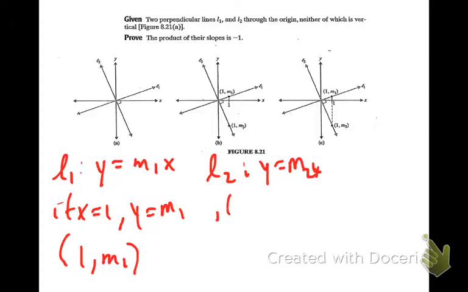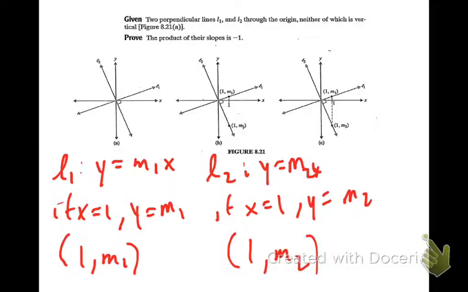And if x equals 1, then y equals M2. And then we have the point 1, M sub 2. Alright? So we'll come back to that. Now we're going to do the Pythagorean theorem. Everybody have that? So I'm going to clear this out.